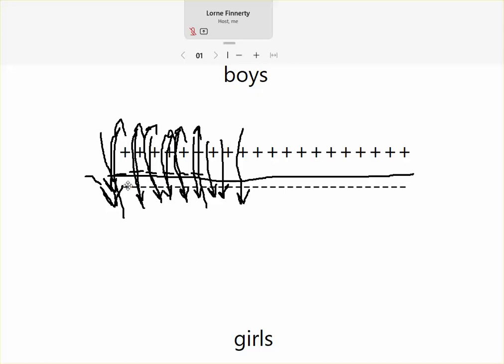There are leakage channels to sodium or to potassium here. So what's going to actually happen is this. When the sodium comes in, which is the black line, now the inside becomes more positive.